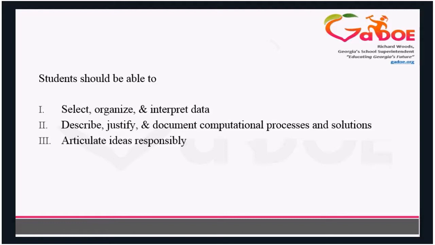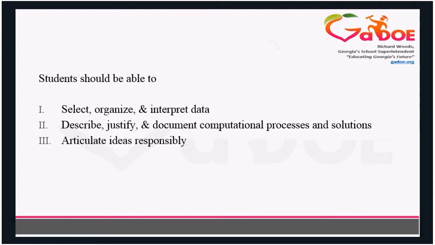And then being able to use that data source and that knowledge to come to conclusions and justify a particular position. So this is throughout standards in ELA, math, social studies, and science.